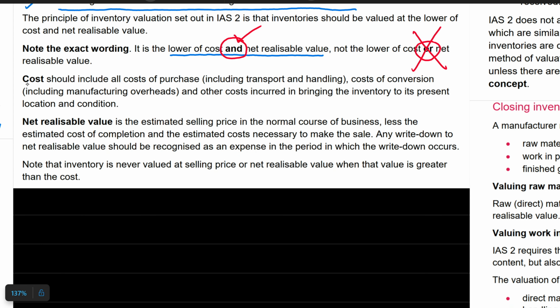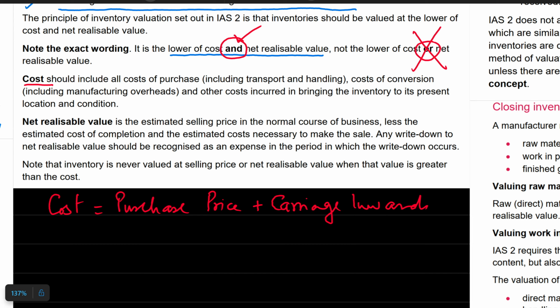Now let us discuss what is cost. Students, cost normally refers to purchase price plus carriage inward or any other handling cost, or any other cost of bringing the inventory into its present location or present condition.